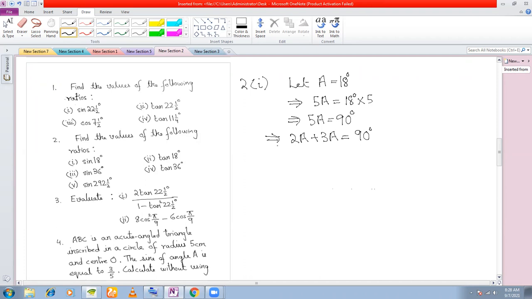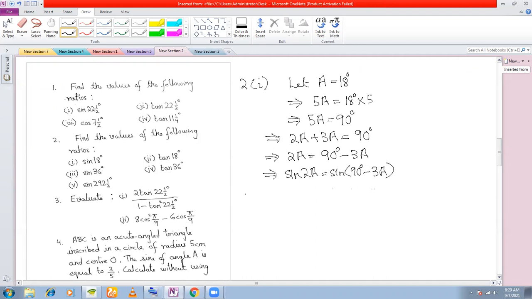So now once we break this up as 2A and 3A, we take 3A on one side and we write this as 90 degree minus 3A. Okay. Now because we have to find out the value of sine, we take sine on both sides. Okay. So sine 2A is equal to sine of 90 degree minus 3A.